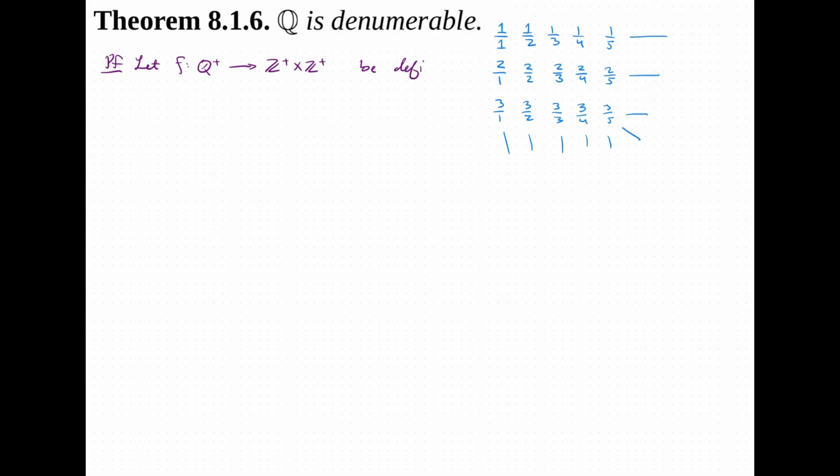So we're going to let this function be defined by f of a over b is equal to a comma b, where a over b in the positive rational numbers is chosen so that a and b have no common factors.